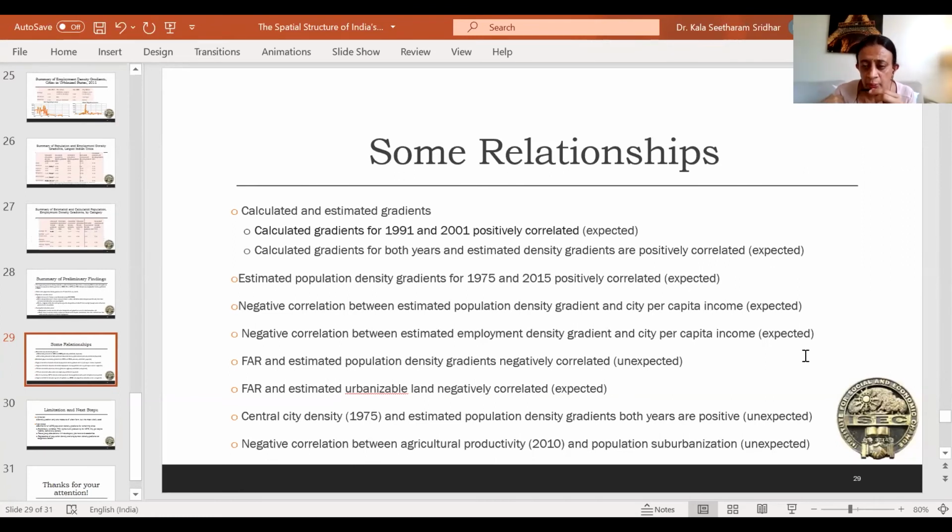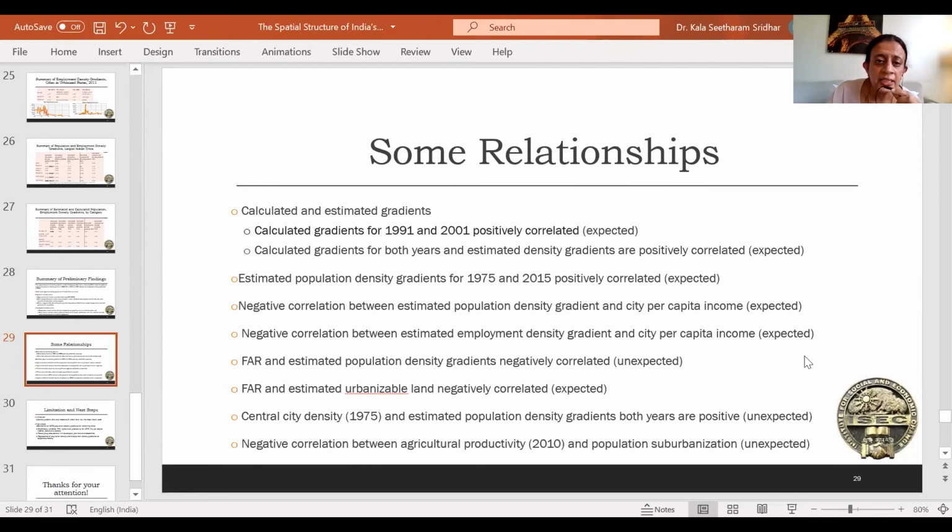And now to get to the point that Professor Green was talking about in the introductory remarks, the role of policy here, right? Land use regulations. So we estimated some basic correlations. We are not ready for any regressions yet, as I said, because the 1975 estimations for all the cities are not yet complete.